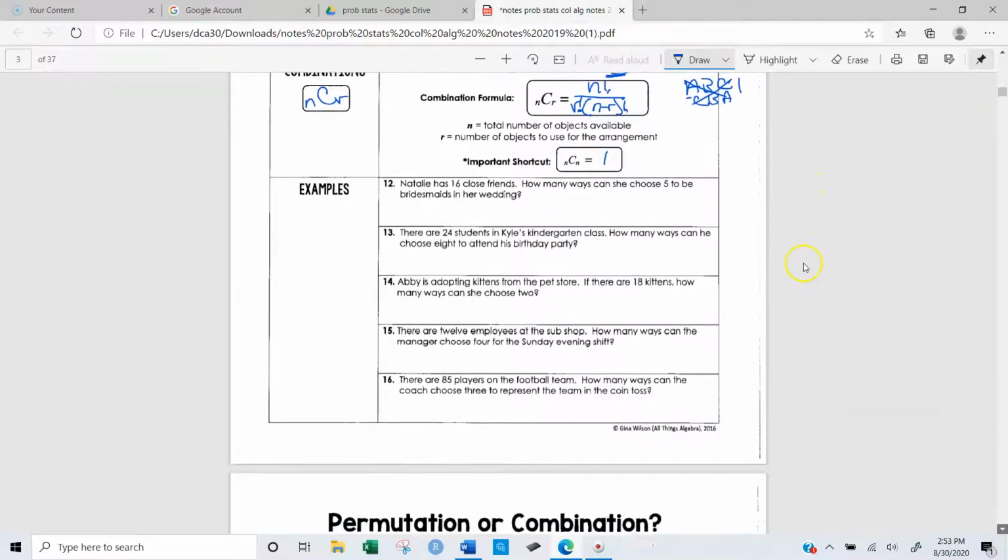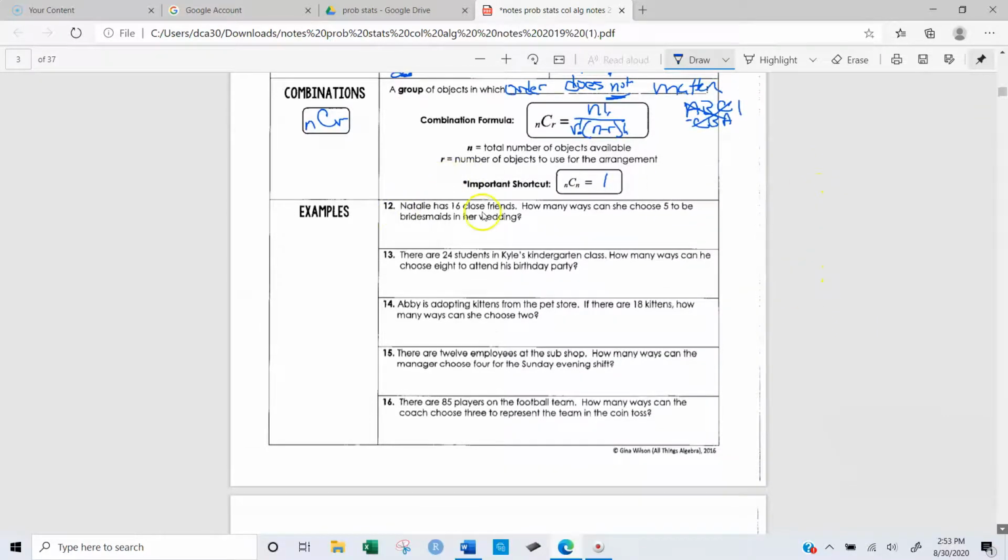All right, let's do a couple and then you go on. Natalie has 16 close friends. How many ways can she choose 5 to be a bridesmaid? We know that this is a combination because I'm a bridesmaid regardless of whether I was chosen first or last. Either way, I have the same title. Nothing's more important here. So out of the 16, it's a combination of 5.